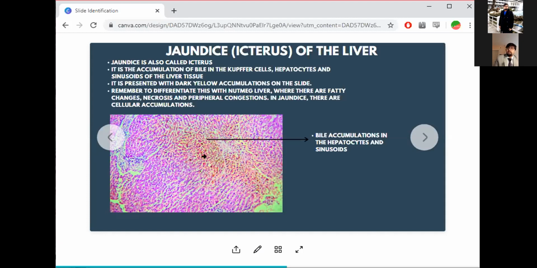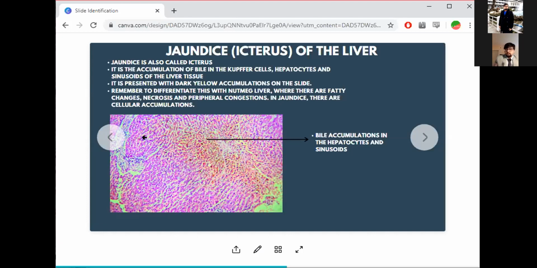Okay. Now, you need to differentiate this from nutmeg liver, where there are fatty changes, necrosis, and peripheral congestion. In jaundice, these are intracellular accumulations. So you can't see any compressive changes here. You can't see any necrosis here, right? Because you can make out that each cell has its own outline.